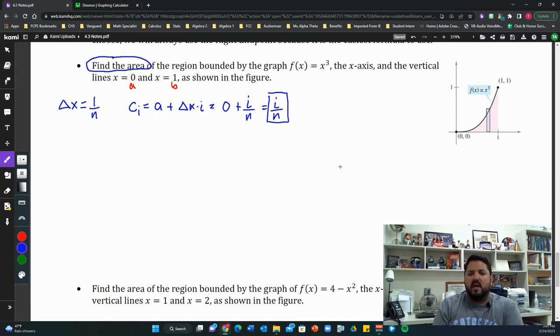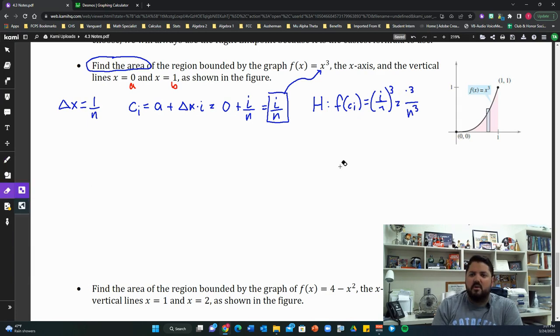So now I can use that to find a formula for my heights. So f of c sub i is, again, just the result of taking this expression and sticking it into our f of x for x. So if I take i over n and I cube that, then I just get i cubed over n cubed. So that is my expression that I will use to generate my heights.